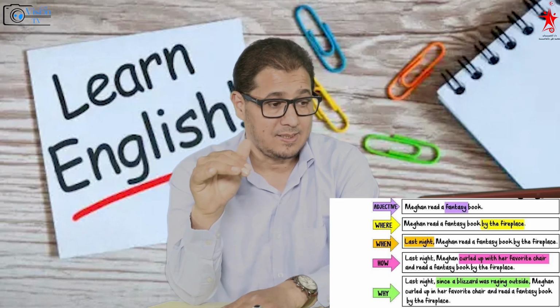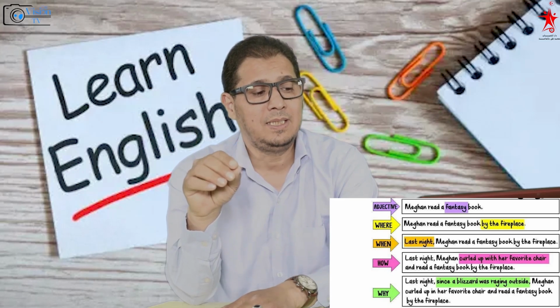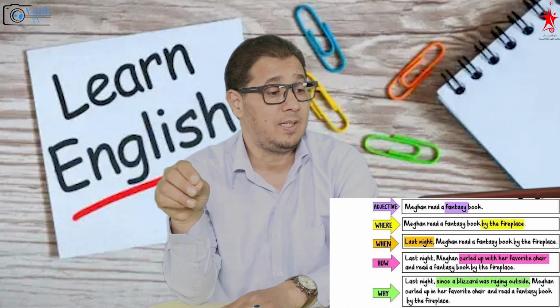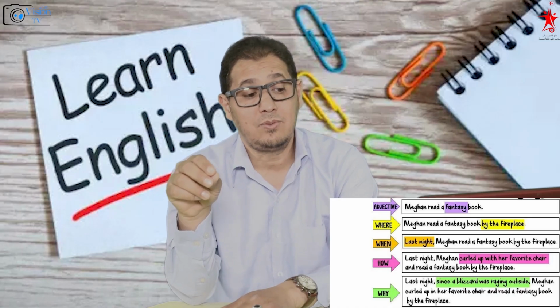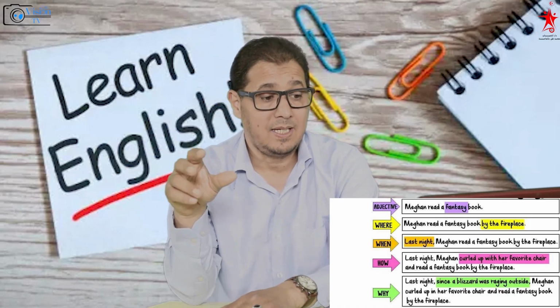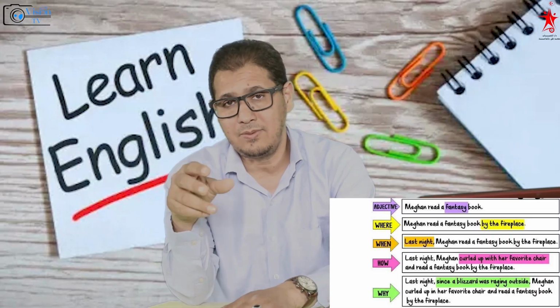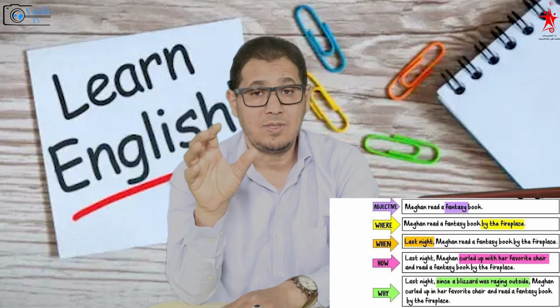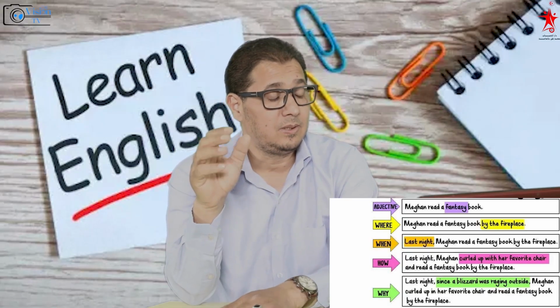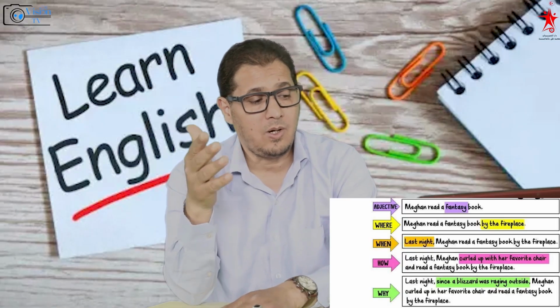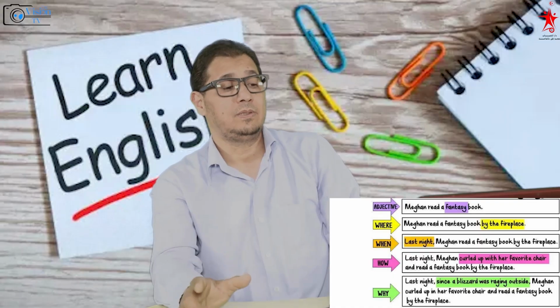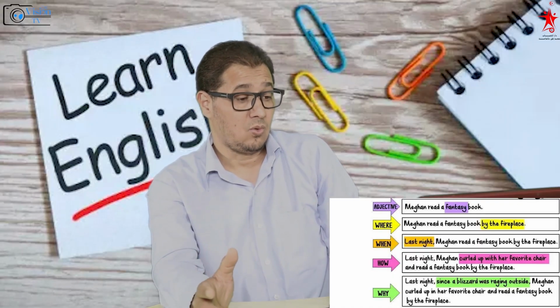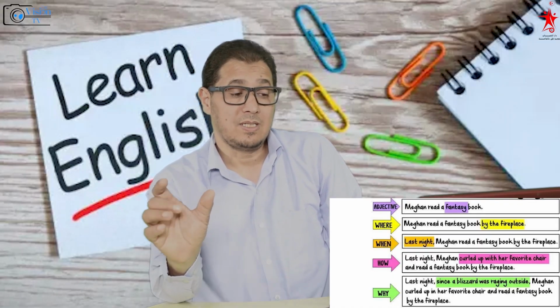Last night, the next step, last night Migan curled up in her favorite chair and read a fantasy book by the fireplace. زدناها curled up in her favorite chair اللي هو adverbial clause answering the question how. Donc the last step زدناها why اللي هو clause, a clause of reason or cause, using the word since.